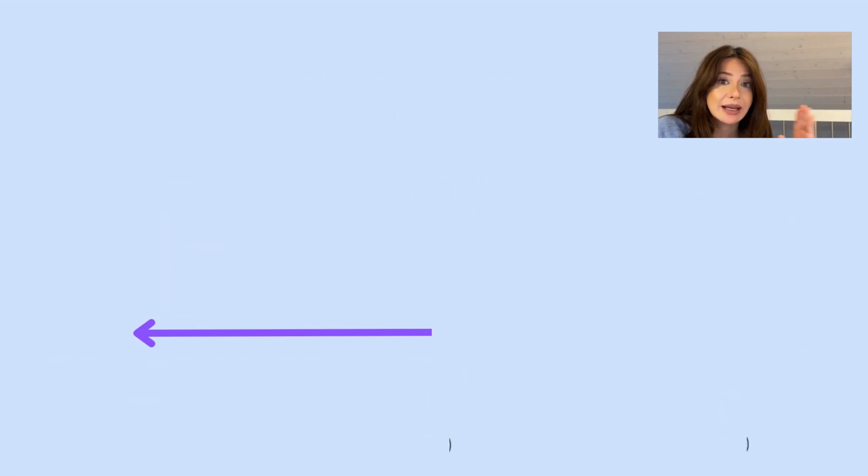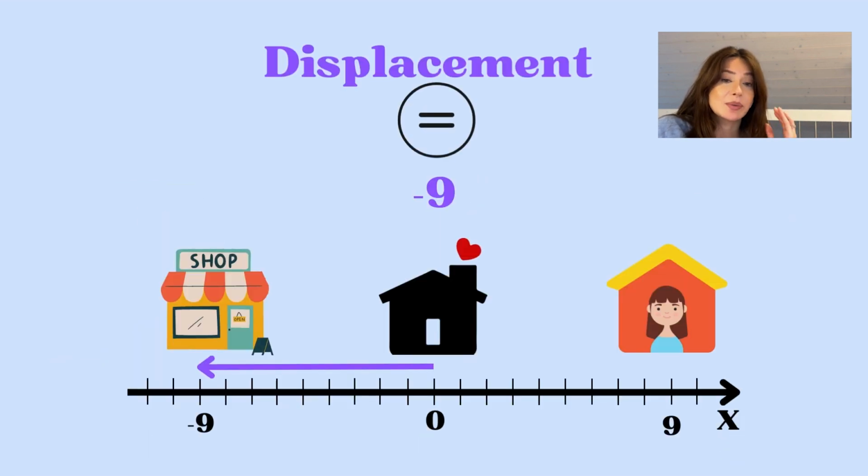So minus 9 minus 0, displacement equals minus 9. That minus stands there to tell you something about direction. It is going opposite of the positive direction of x, which I chose. So it's arbitrary. If I chose a different direction of x, it could be positive.